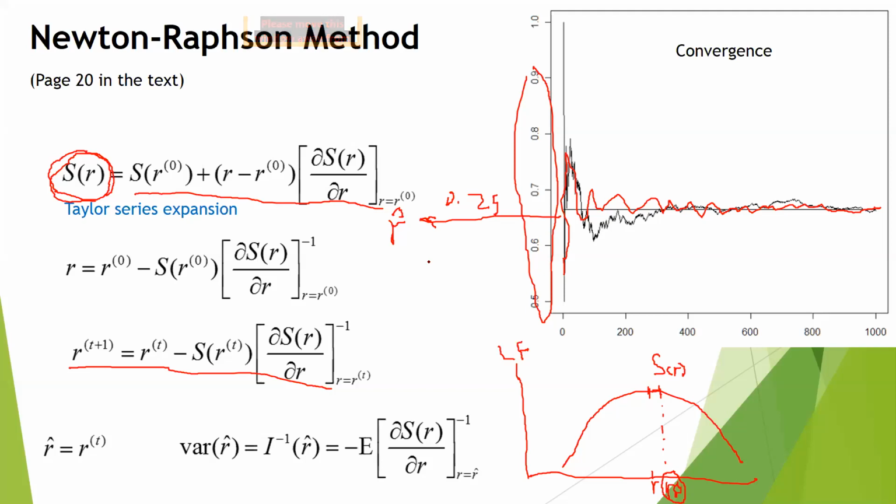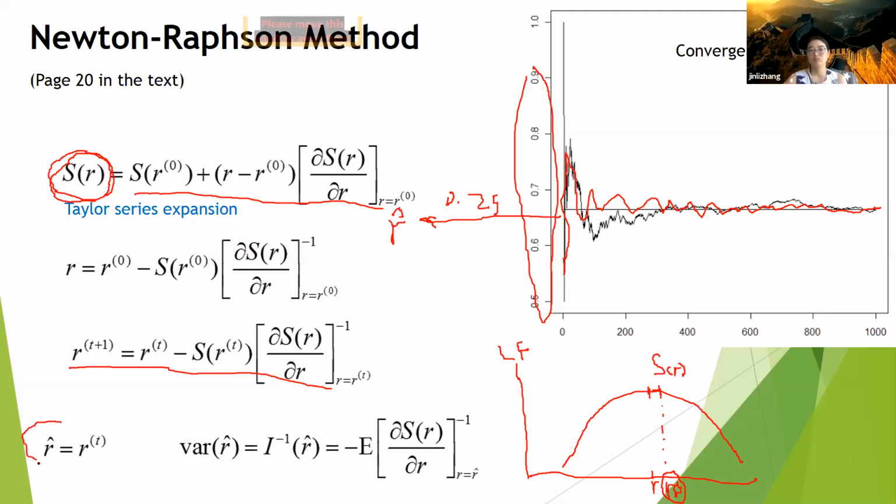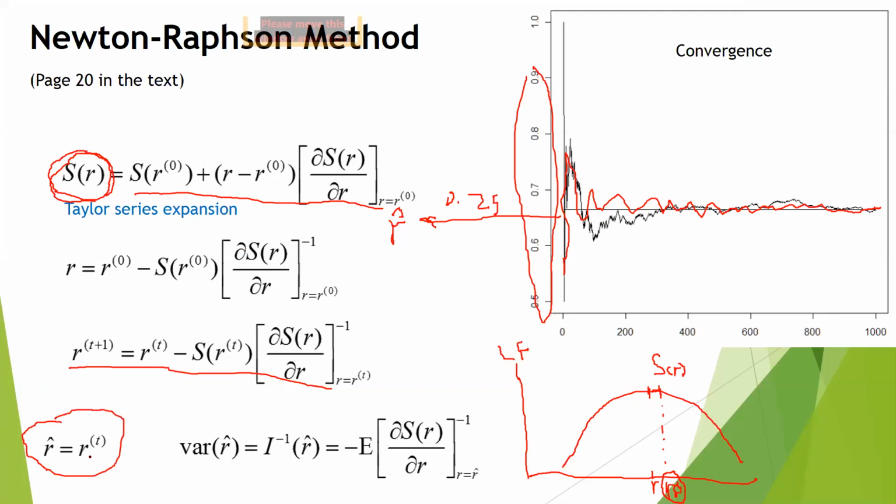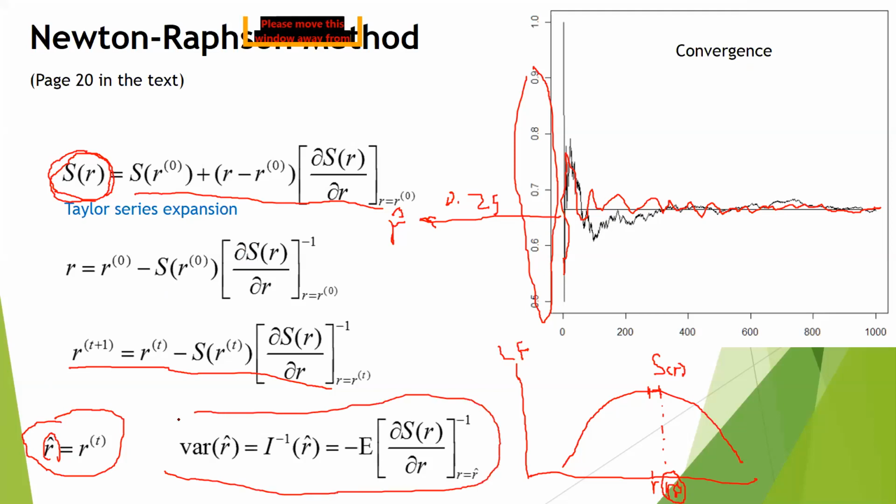Very good. Now, once the algorithm converges, you can get the best estimation, and you can also use the same strategy, Fisher's strategy, to get the variance of this estimation. Then you get the standard error and you can do the hypothesis testing, right? Is that clear? Okay, very good.